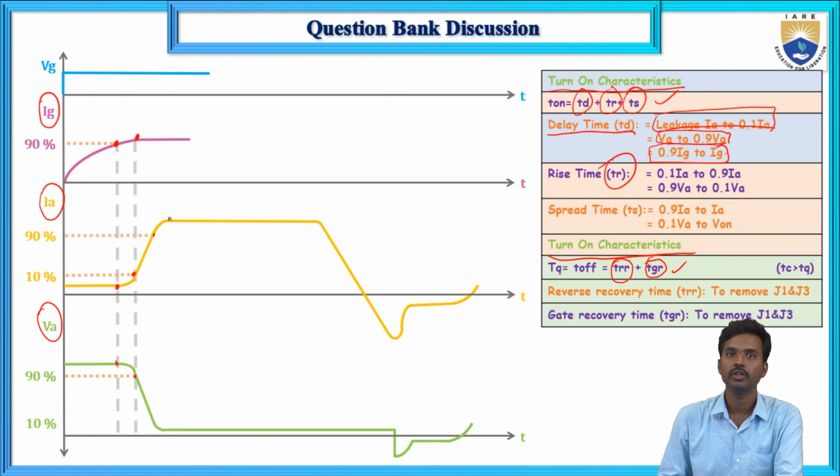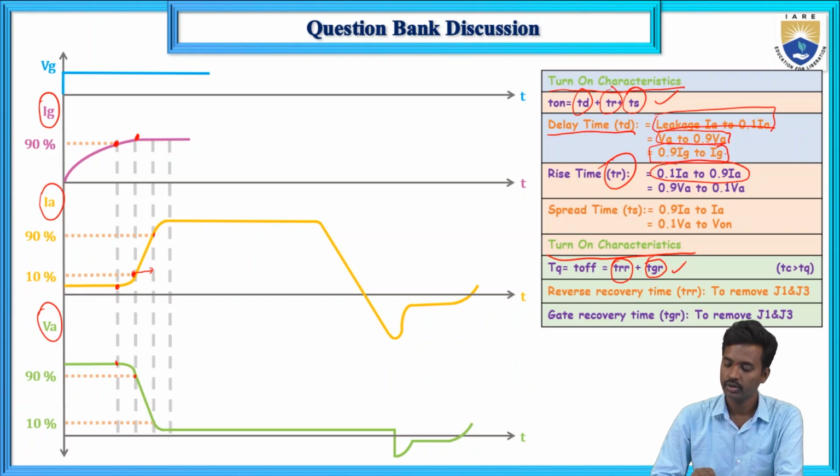The time for which the anode current reaches from 10 percentage to 90 percentage is known as the rise time. And the time for which the anode voltage decreases from 90 percentage to 10 percentage is also the rise time. So there are two definitions.